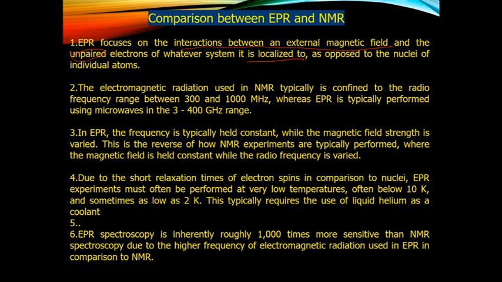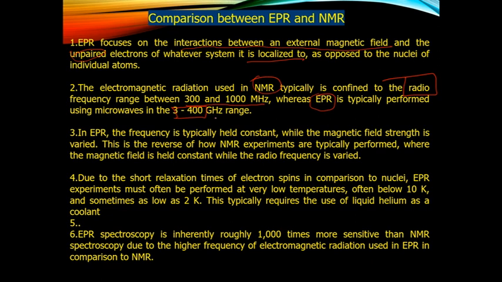The electromagnetic radiation used in NMR is radio frequency only, which is falling in the region 300 to 1000 MHz, whereas EPR is typically performed in the microwave region, 3 to 400 GHz. So both have the magnetic field and the radiation frequency only varies. In the first case, NMR, you have radio frequency.